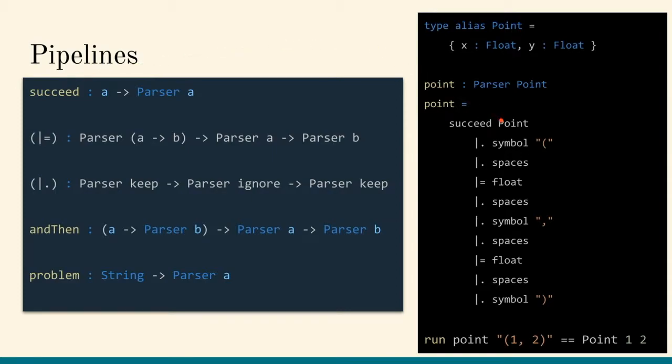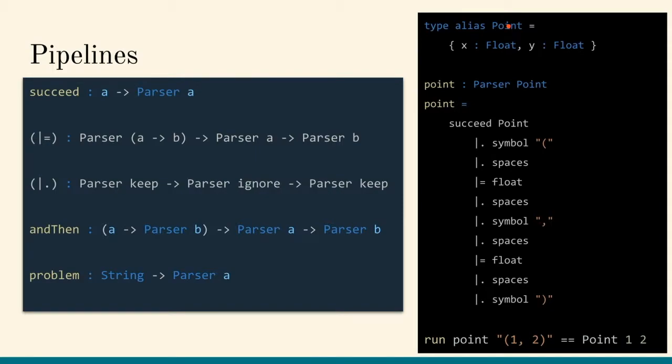So here we have succeed point. Point is a type, the type we care about. We pass point to succeed. We get what? We get a parser point. Understand that? Okay. It's kind of trivial, but remember that point is a type.